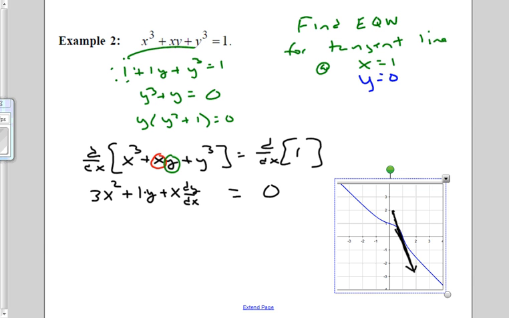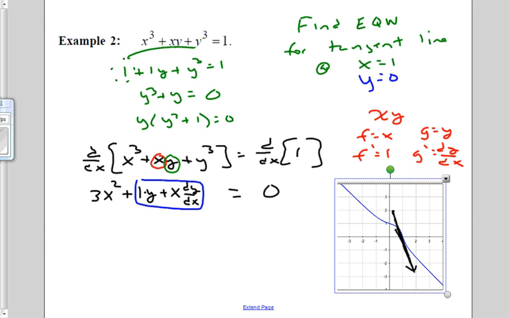And just to make sure that this component is clear, what we had is xy, where we said f equals x, f prime equals 1, g equals y, and g prime equals dy dx.